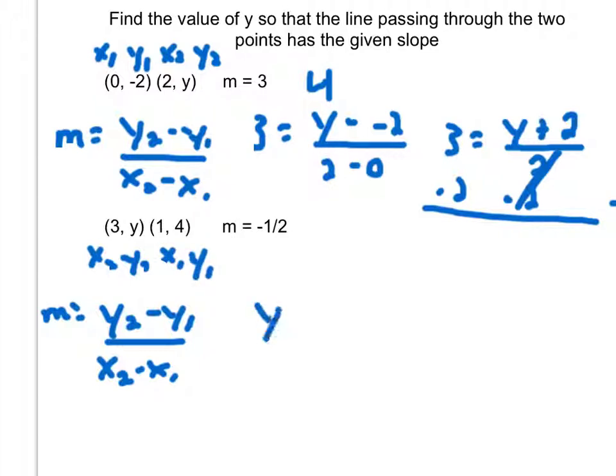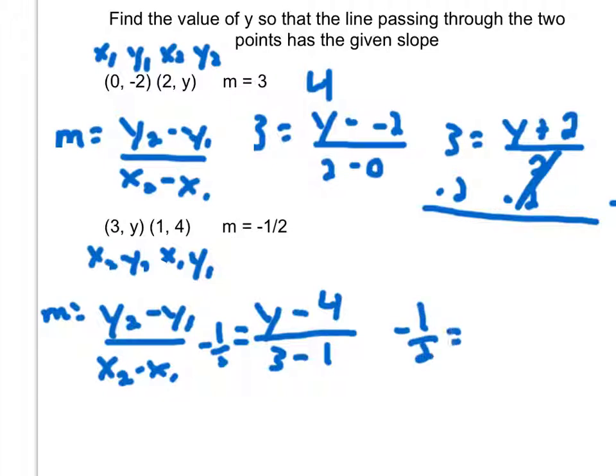My y2 is y, minus my y1 is 4, over my x2 is 3, and my x1 is 1. And again, that's got to equal my slope, which is negative 1/2. So negative 1/2 is equal to y plus negative 4 on top, over 3 minus 1 is 2.